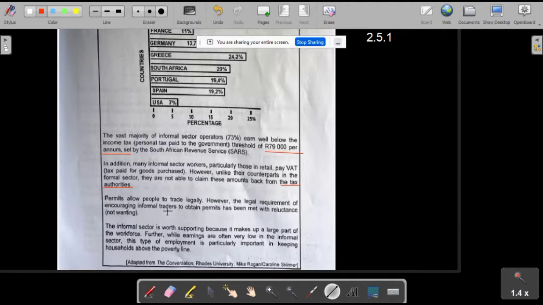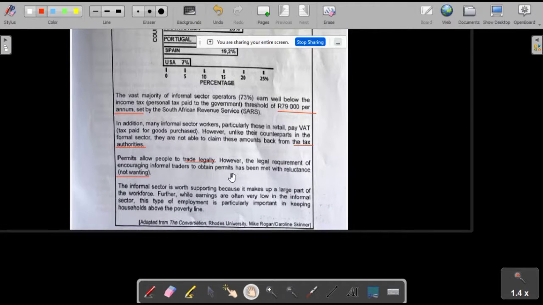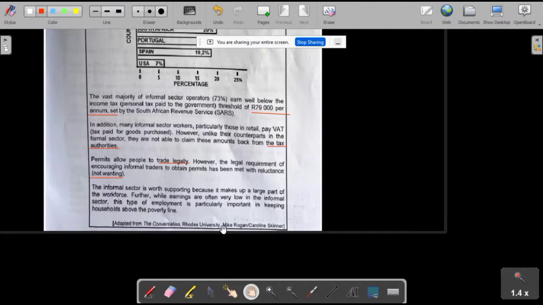Permits allow people to trade legally. However, the legal requirement of encouraging informal traders to obtain permits has been met with reluctance, with resistance, so people not wanting this to happen. The informal sector is worth supporting because it makes up a large part of the workforce.